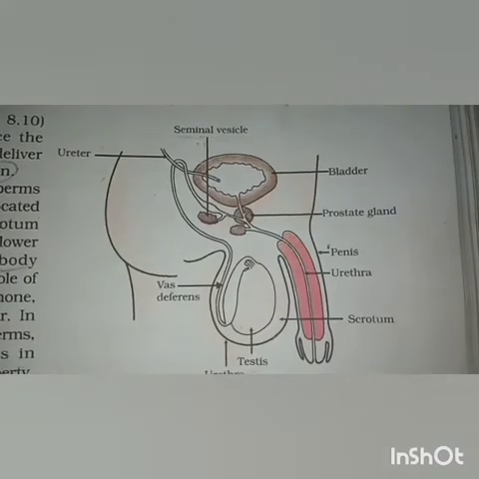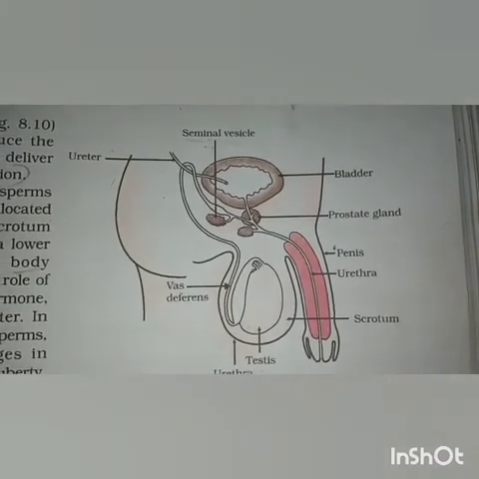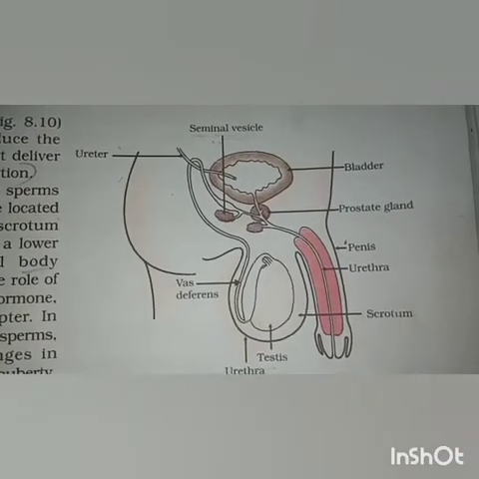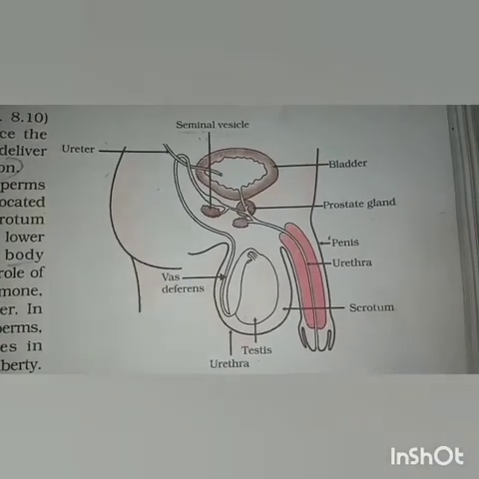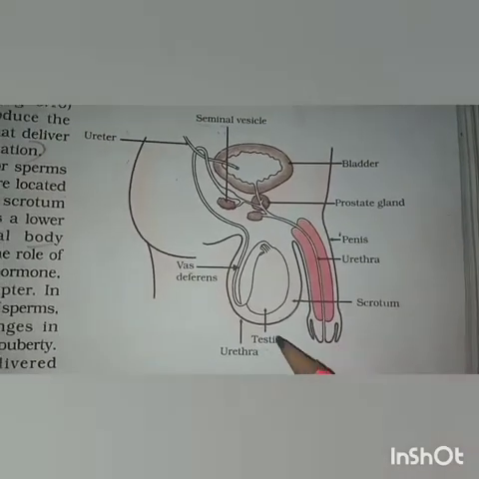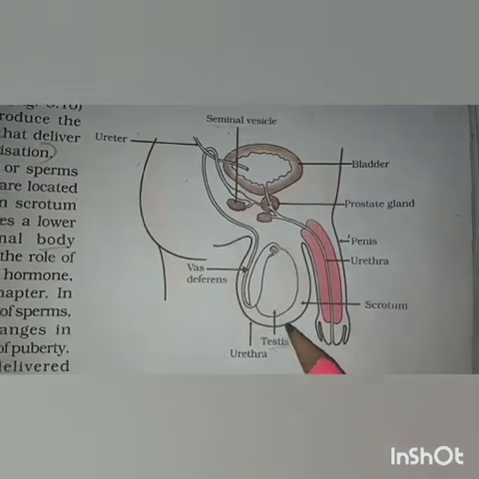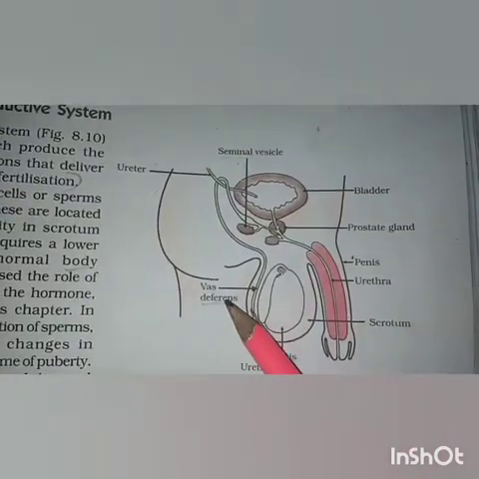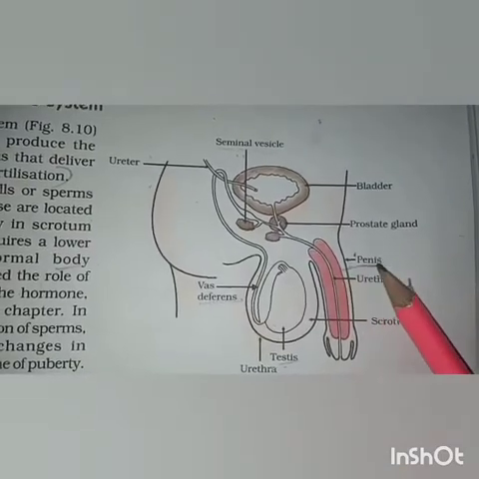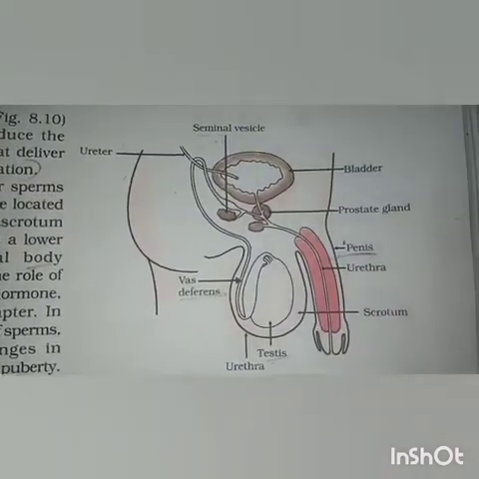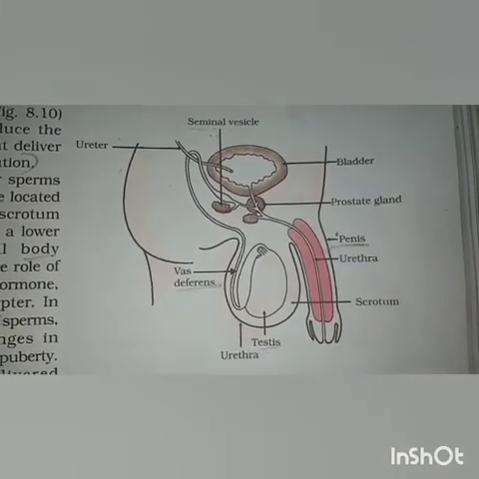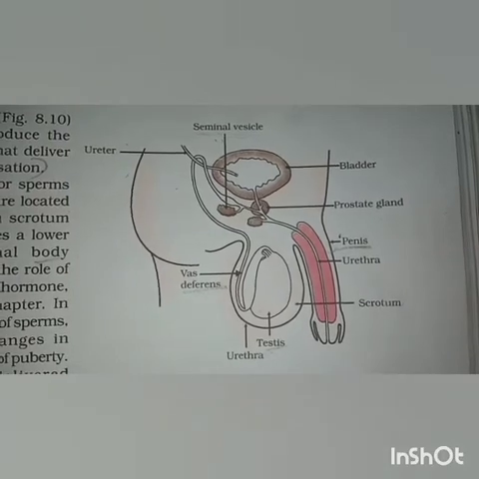Germ cells means the gametes, and other portions that deliver germ cells to the site of fertilization. The main parts are, first testis, second vas deferens, and the third part is the penis. These are the three main parts: testis, vas deferens and penis.